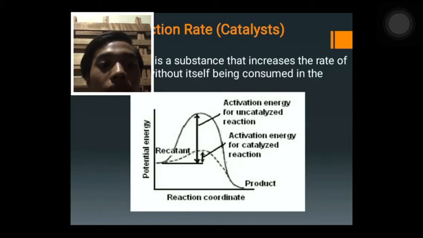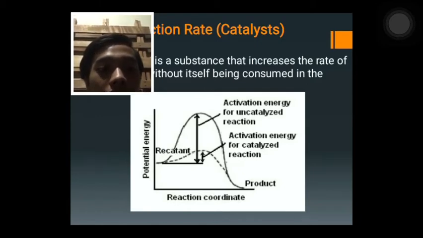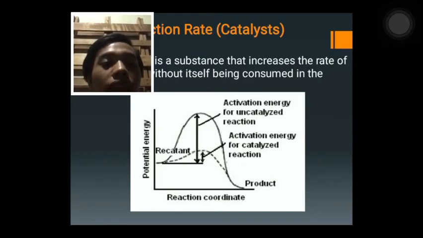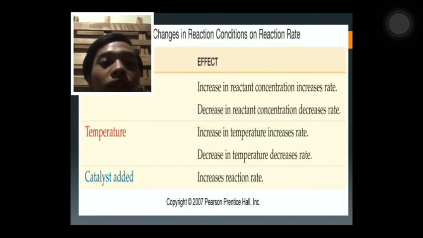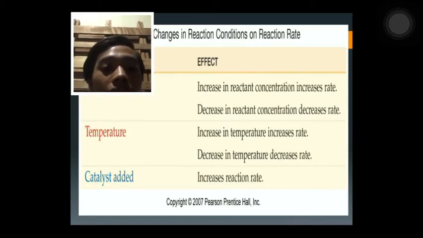This is the graph for the reaction rate catalyzed, potential energy by reaction coordinate. So the next is a table to make it easy to remember the reaction rate for concentration, temperature and catalyst.